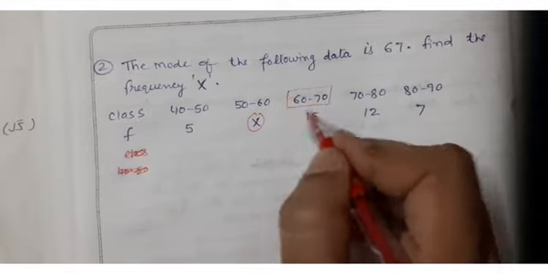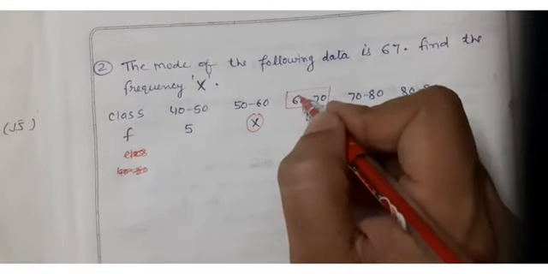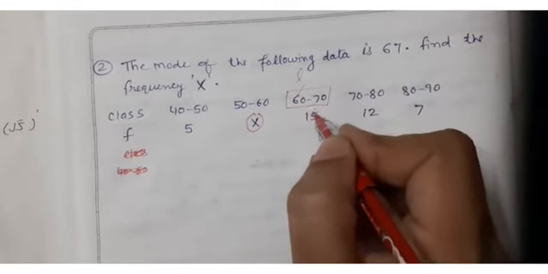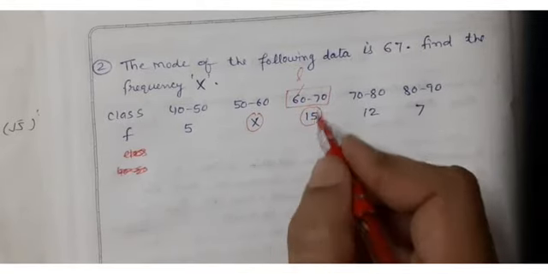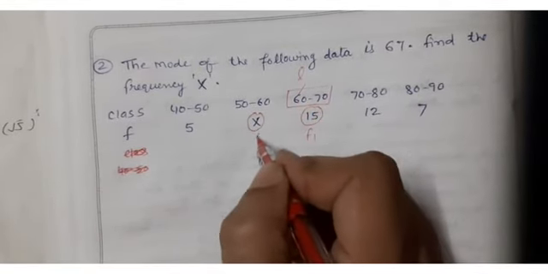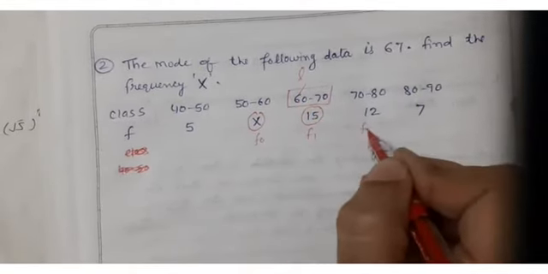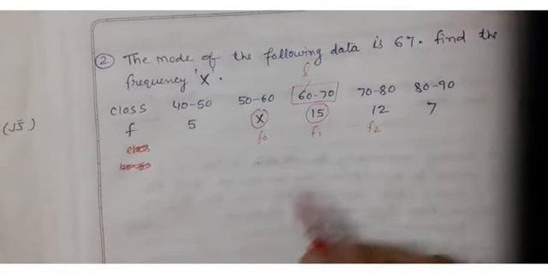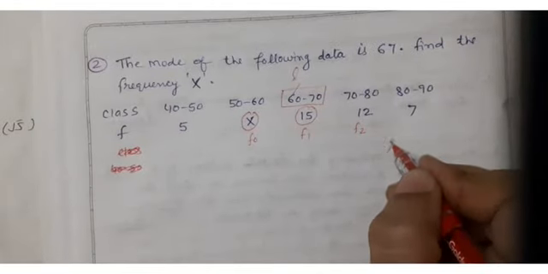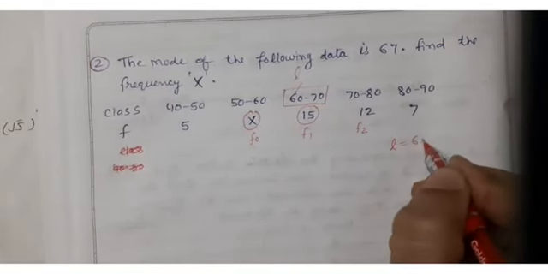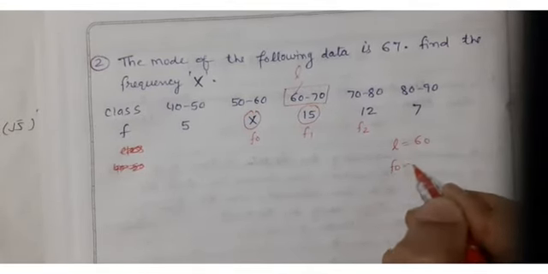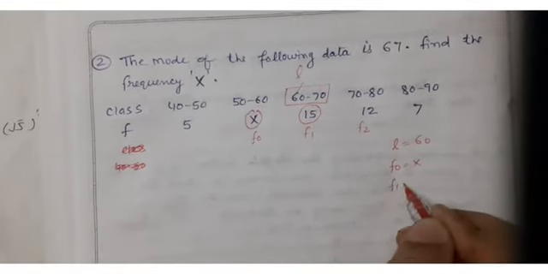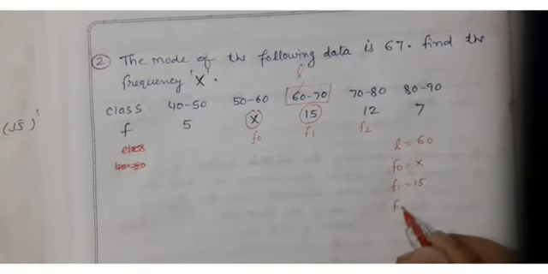So this is your modal class. Modal class lower limit L. This is the modal class, you can say f1. This is f0 and this is f2.